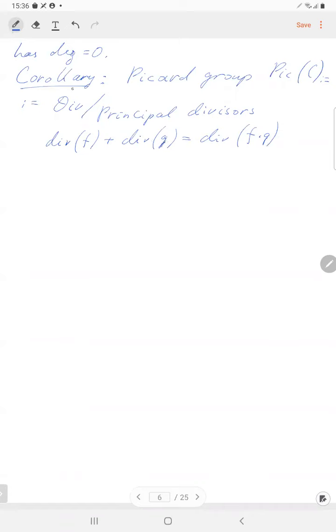So what was the corollary? The corollary was that this Picard group is the union over all degrees of the corresponding subsets, and say Pic 0 of C is a subgroup.